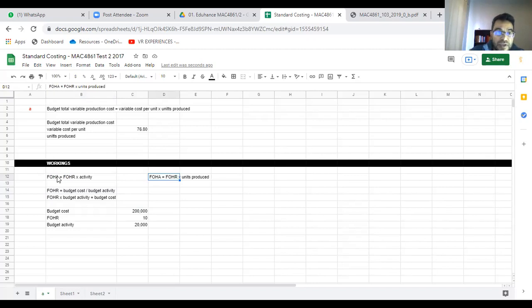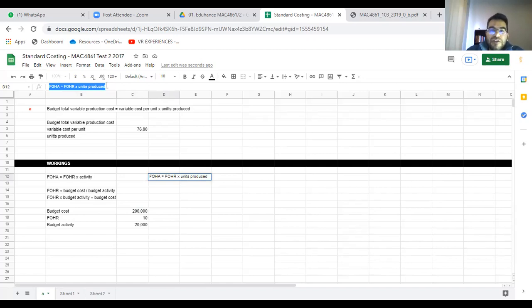So this one over here is the technically correct calculation, but you can also use it based on units produced. In this case, you see I didn't use the term activity, because activity refers to the basis of allocating overheads. If allocating overheads was based on units produced, then there's no need to use the formula we're going to do now.